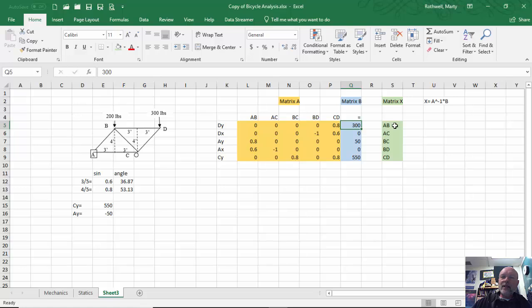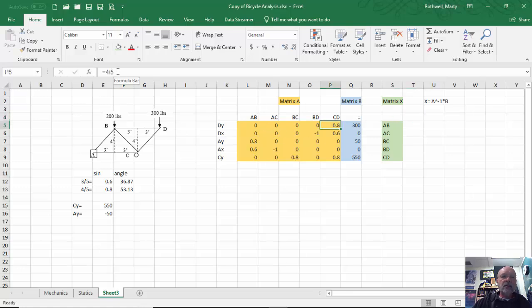I want to find out what AB, AC, BC, BD, and CD are. The way you solve this in matrices is X equals the inverse of matrix A times B.